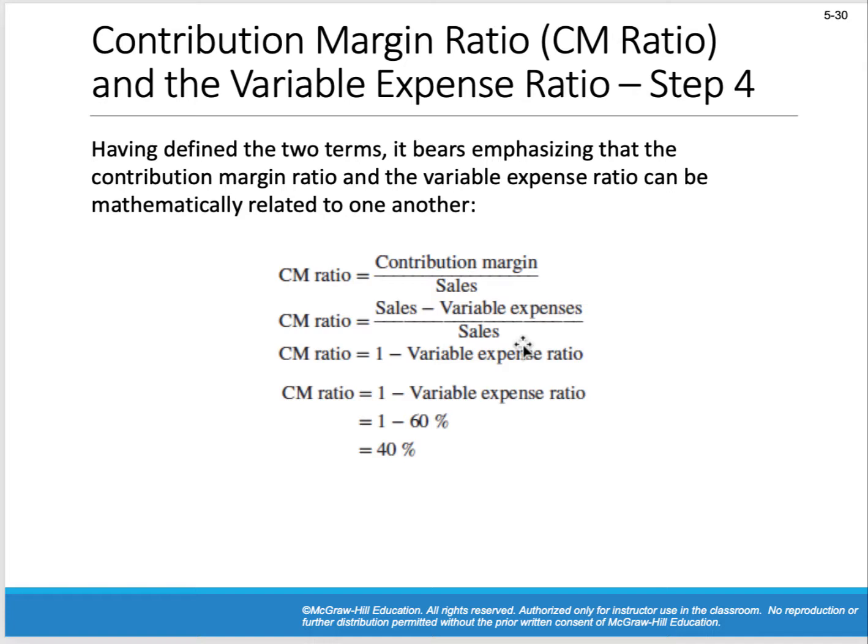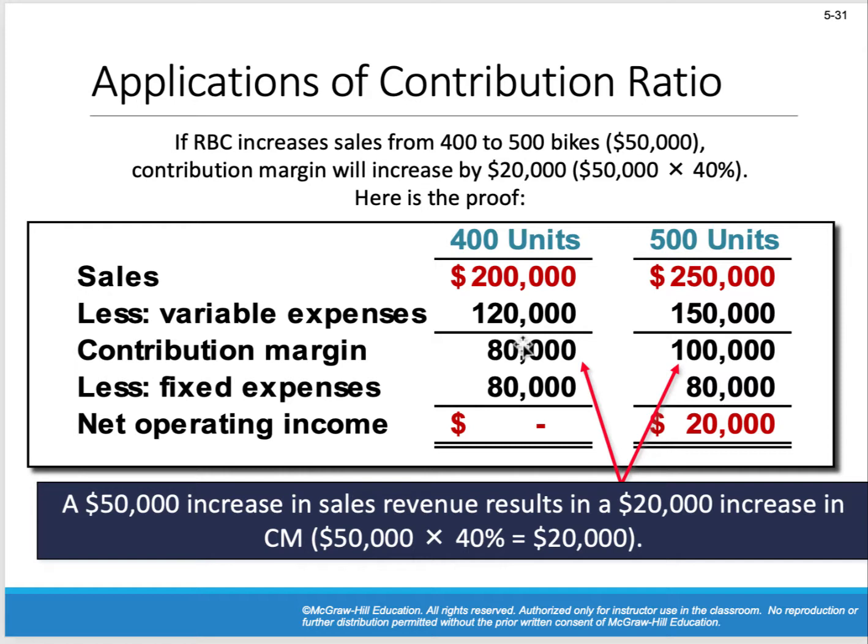Well, the CM ratio, or contribution margin ratio, is always going to be equal to 1 minus the variable expense ratio. So if we can calculate our variable expense ratio, we can calculate our contribution margin ratio by taking 1 minus the variable expense ratio. 1 minus 60% gives us 40%.